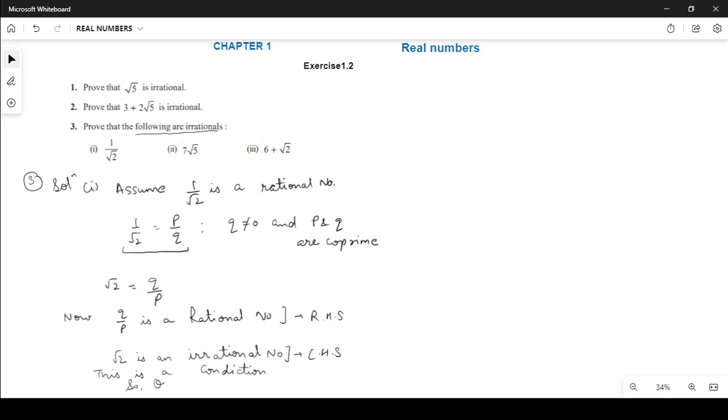So our supposition is wrong. Thus 1 upon under root 2 is an irrational number.